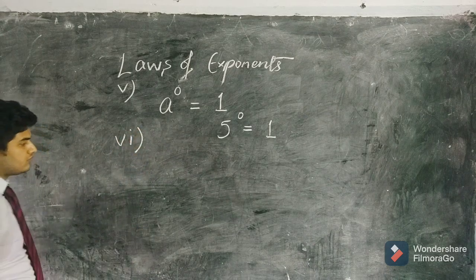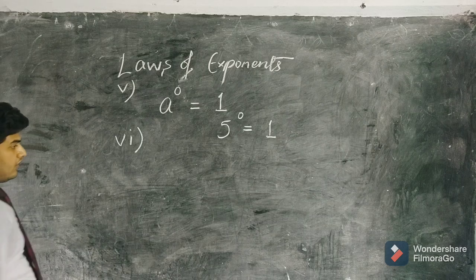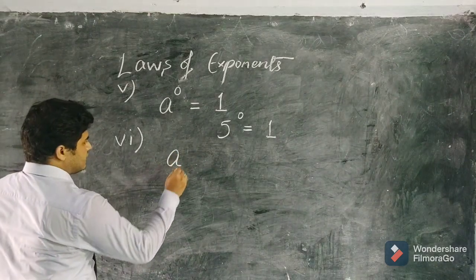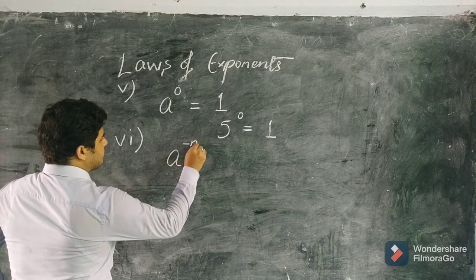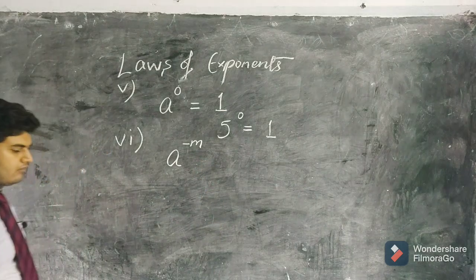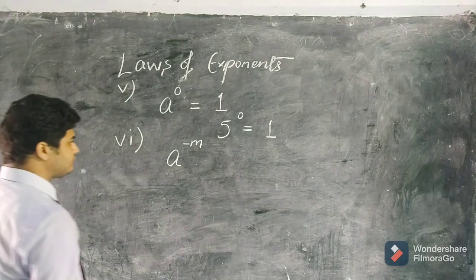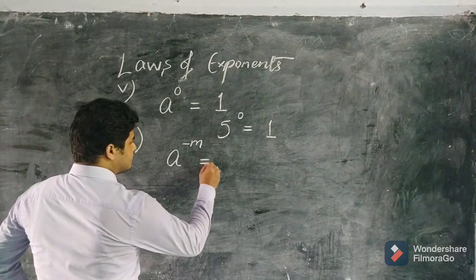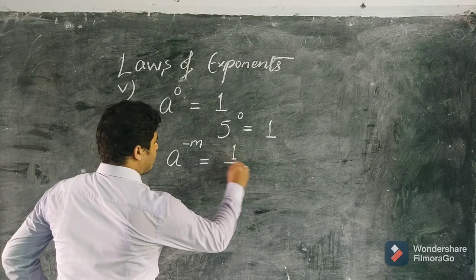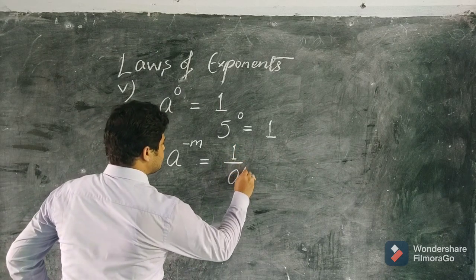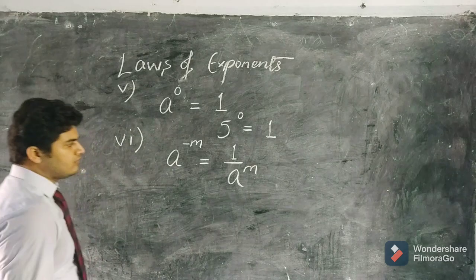Sixth law. If a number A is raised to the power minus m, and the power is in negative form, it can be written as 1 upon a to the power m.